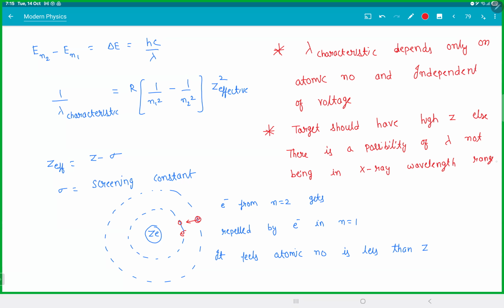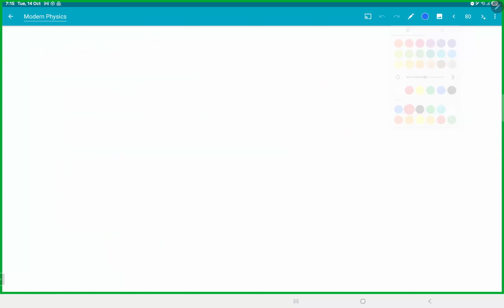Now, if I combine both the graphs, this is the actual graph which you will see. This is the graph you should remember.